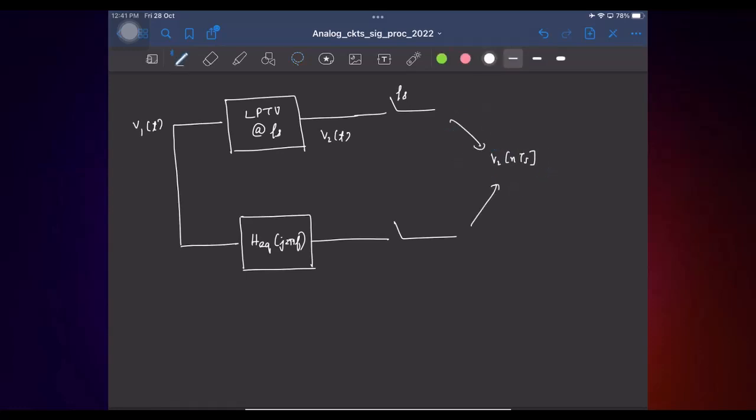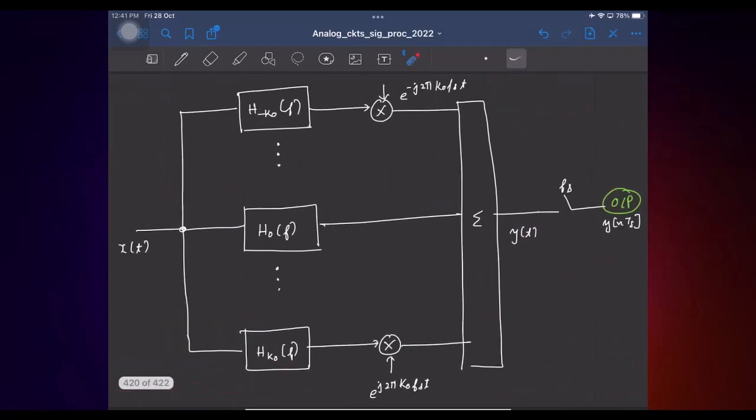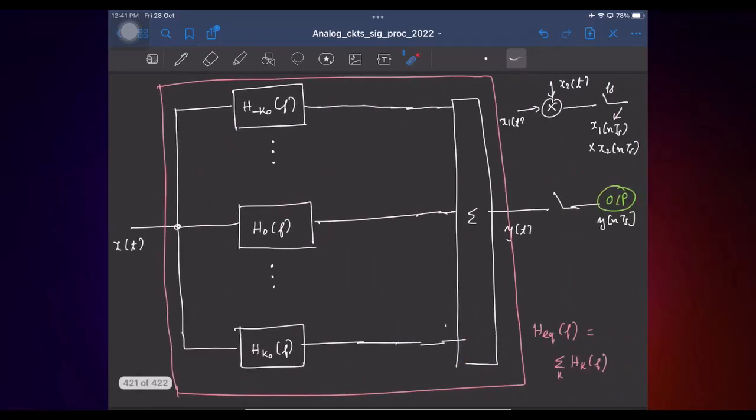Okay, so both of these will give this. But let's say this is v2 hat of t. Can you comment about these two? They need not be the same, okay, because the way we derived it, this was our output signal, this portion we replaced, and only after the sampler do we get the same output samples. It doesn't mean this signal is the same as the output of the LPTV network.